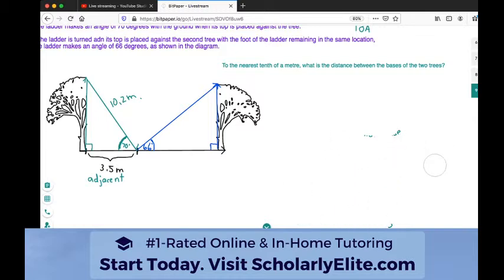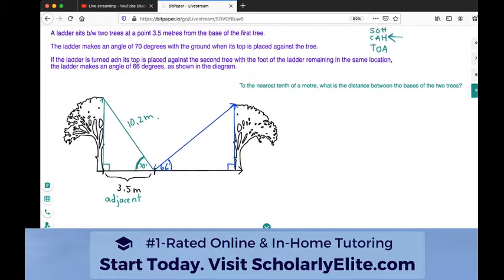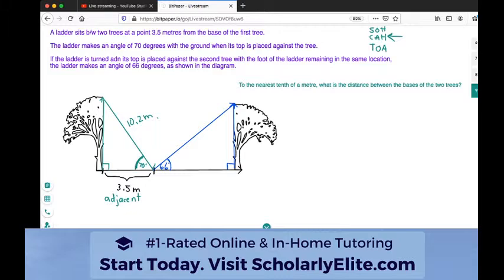So this is actually not too crazy because we've already solved a really critical part of this question, and that is the length of the ladder. Because if we go back to the original question, in the third part, it says, if the ladder is turned and its top is placed against the second tree with the foot of the ladder remaining in the same location, meaning just right there in the middle, the ladder makes 66 degrees with the height of that other tree.